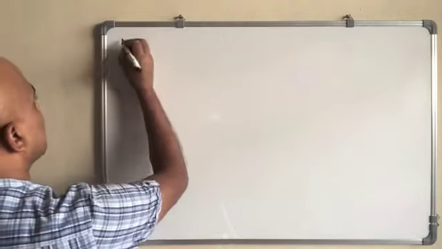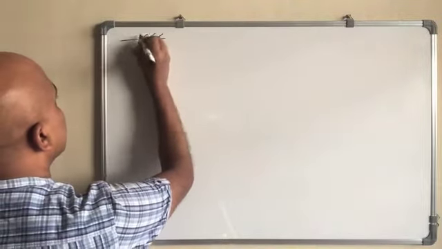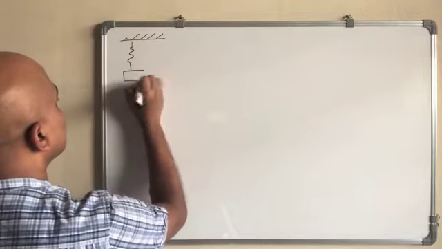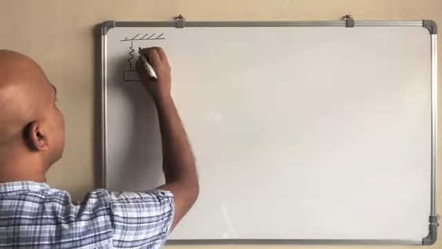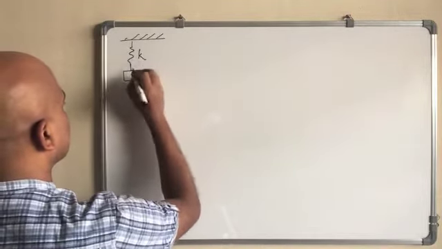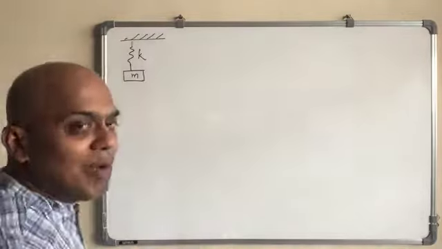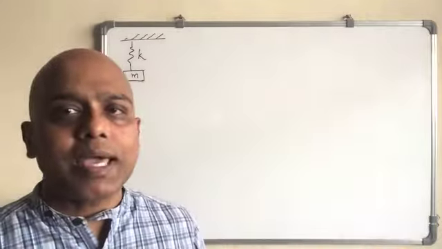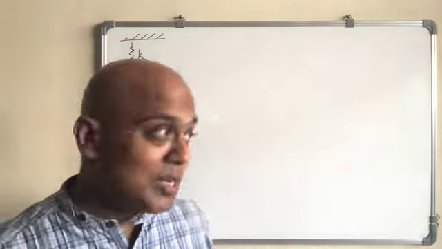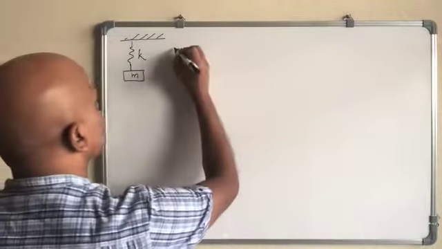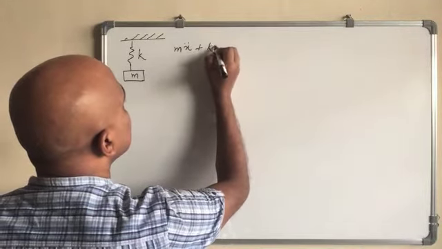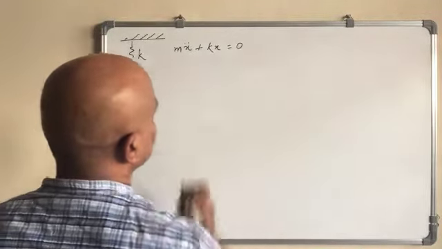So we start with the spring mass system, and we will derive the exact solution for that. So far we got a solution, but we did not apply any initial conditions. So this equation will be m x double dot plus k x equal to 0.